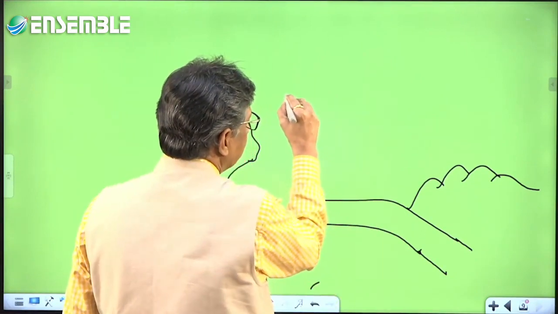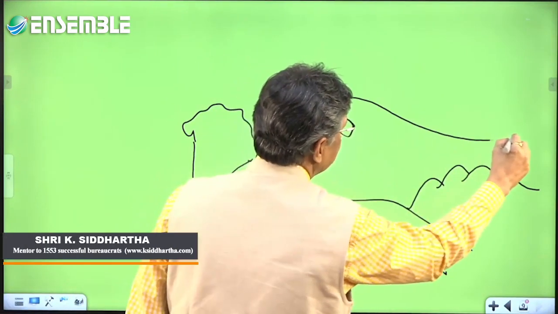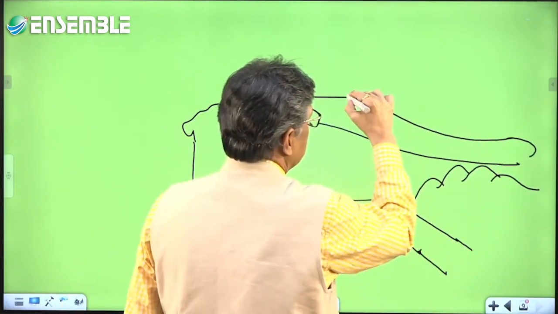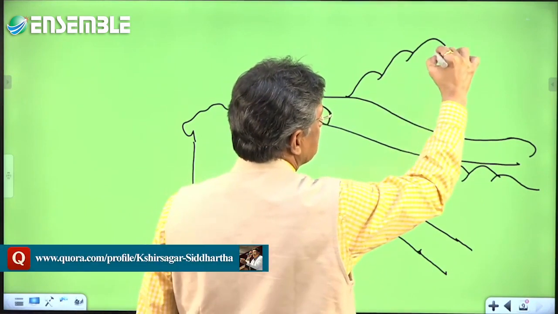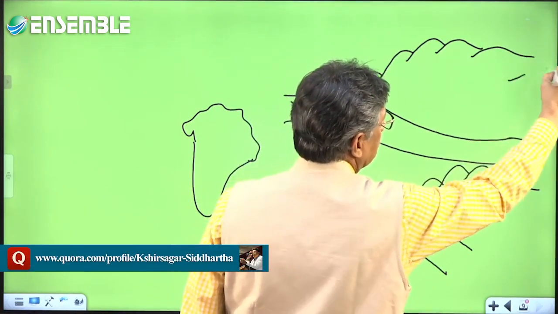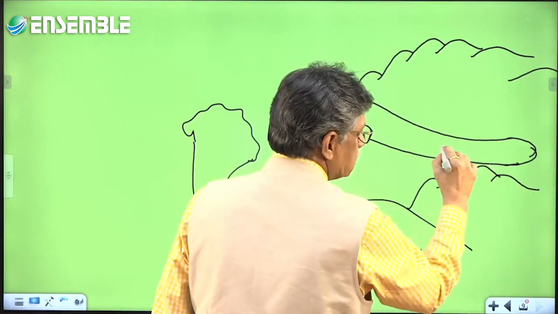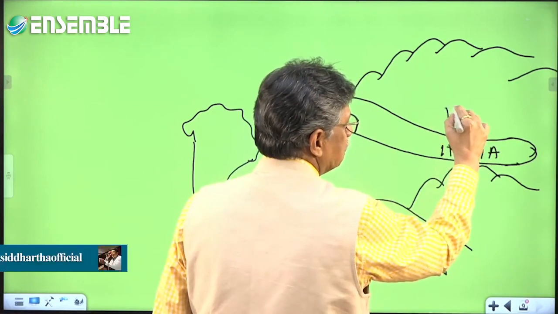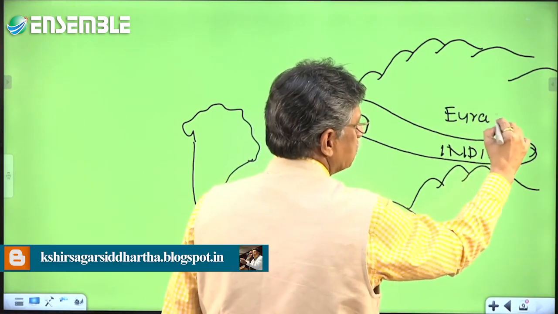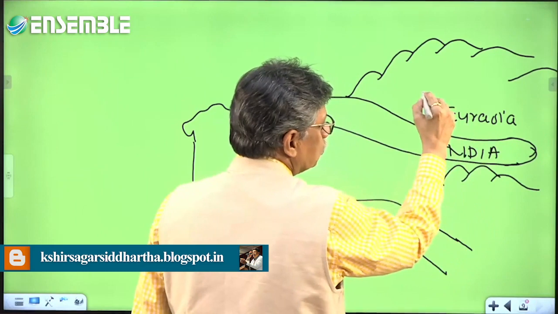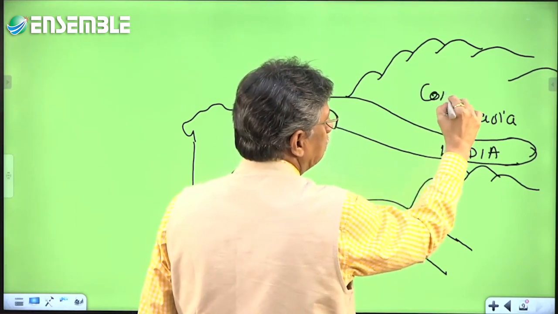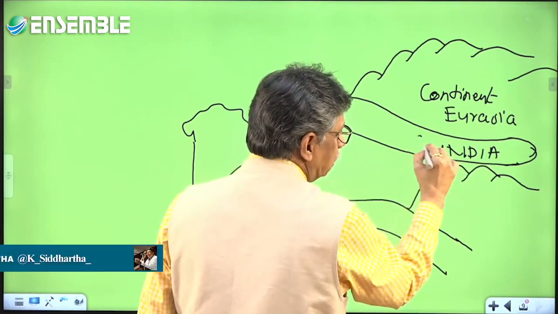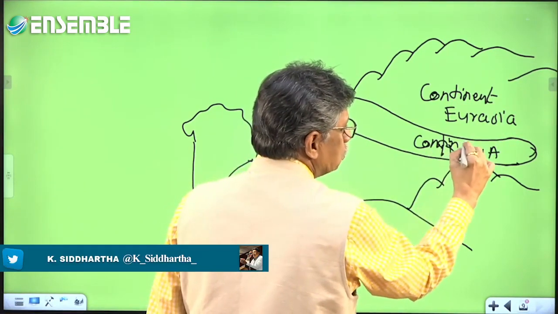Stage number 2 is that, as it moved inside, by this time the Himalayan mountain ranges had evolved, and beneath it was, this is where India was, this is where Eurasia or Tibet was. So you're going to find one continent, and then you're going to find another continent beneath. So two continents.